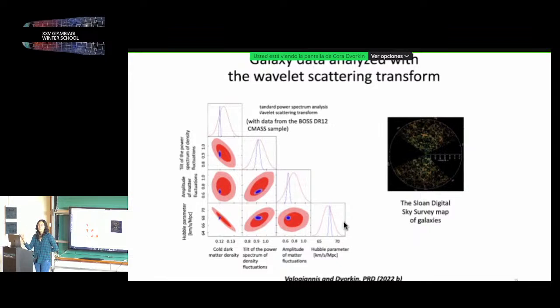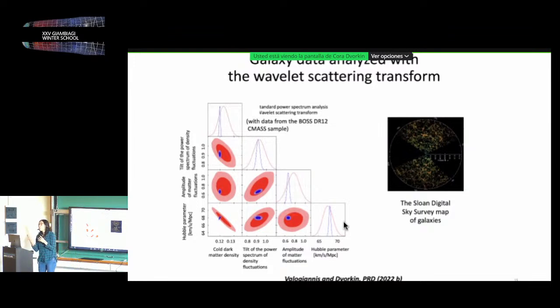We're not dealing with matter anymore, but with a biased tracer of the matter density field. The galaxies are observed in redshift space, and this introduces an observed anisotropy to the clustering. This is known as the redshift space distortion. Okay, we need to include this. In addition, we have a non-trivial survey geometry, the mask, and we accounted for all of this. We had to deal with the mask of the survey.